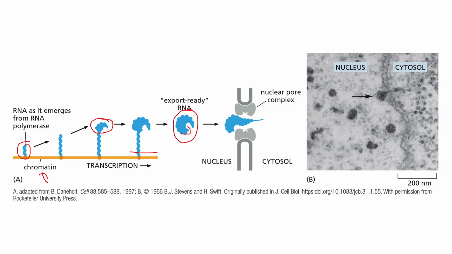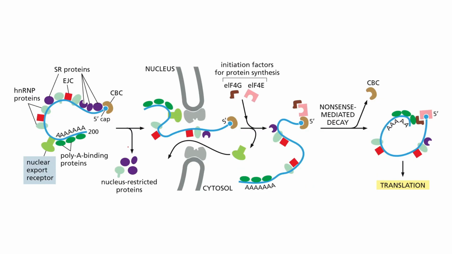Okay, we don't want to get rid of nuclear proteins that we need to use again. It doesn't make any sense. So what happens? Well, here's your complete mRNA. You notice all the proteins attached to the mRNA right now. We've got to protect it, right? It's going to flow out, but these are your nucleus-resistant proteins. They need to stay within the nucleus.